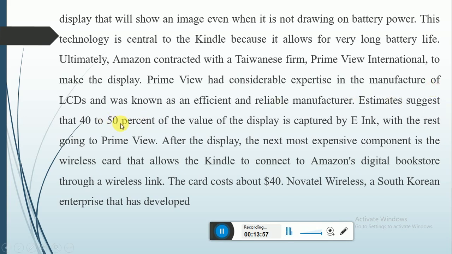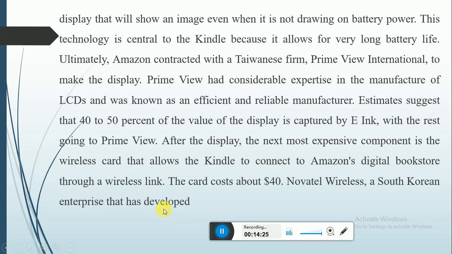Estimates suggest that 40 to 50% of the value of the display is captured by E Ink, with the rest going to Prime View. After the display, the next most expensive component is the wireless card that allows the Kindle to connect to Amazon's digital bookstore through a wireless link. The card costs about $40. So the first one, display, costs $60. The next one is $40.